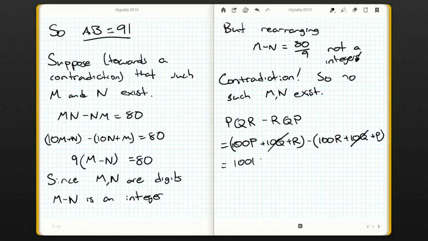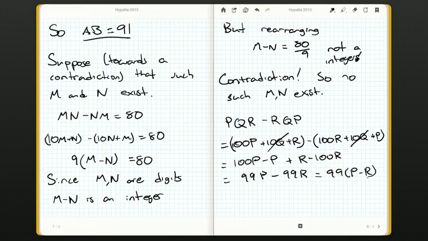And I could rearrange 100P minus P plus R minus 100R, 99P minus 99R, and I could write that as 99 times (P minus R).